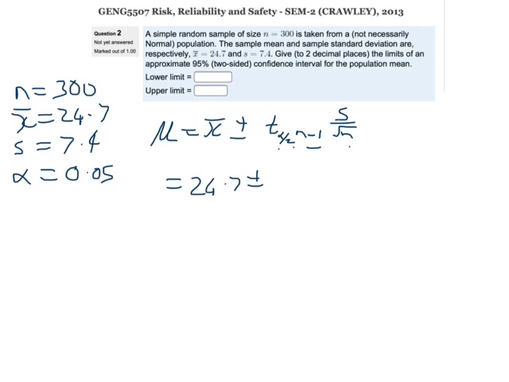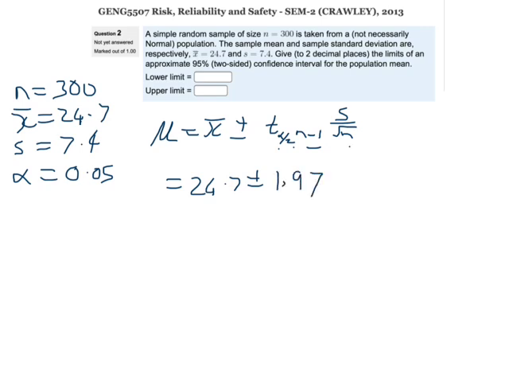And if you actually went up to degrees of freedom equals 299, you'll see that the difference is a little bit more again. In fact, I'll just use Excel and find out what that is right now. So in Excel, if we do a T.INV.2T with an alpha of 0.05 and degrees of freedom 299, it actually gives us the t-score of 1.96793, or we'll just round it to 1.97.